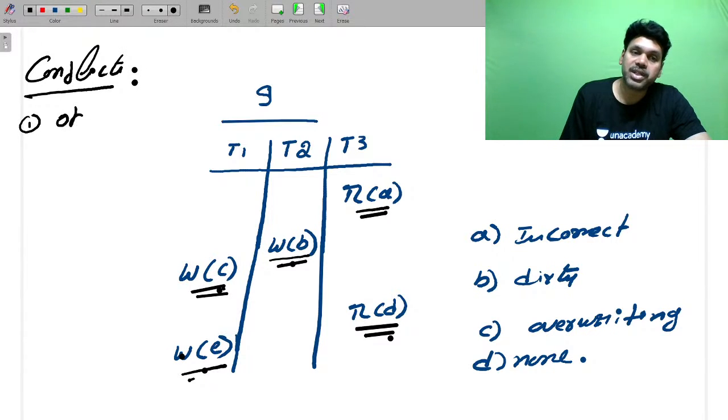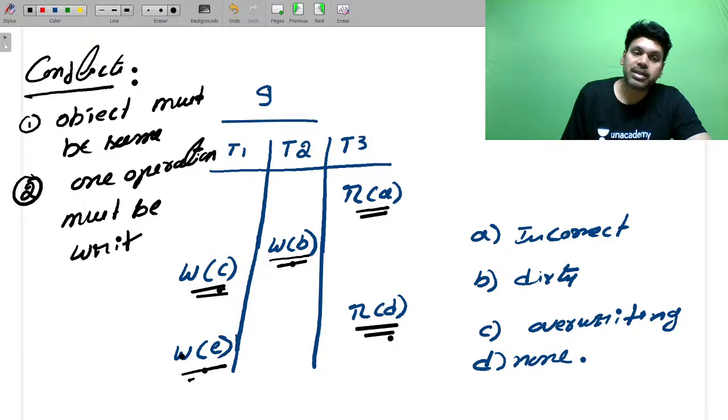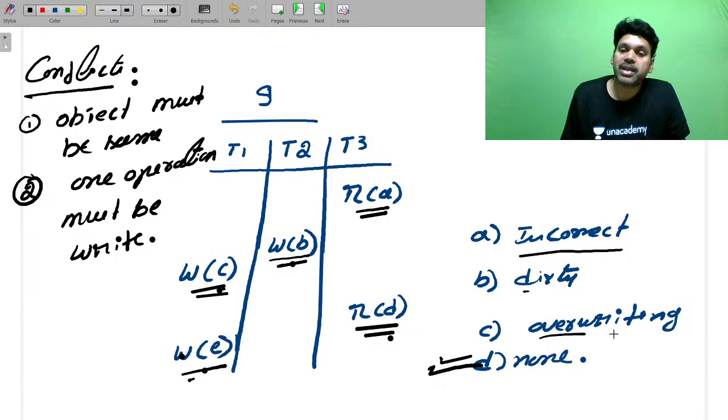One is the object must be the same. And the second one is that one action must be a write. Then only we can call it a conflict. So in this case no conflicts exist. There is no incorrect summary, no dirty read and no overwriting.